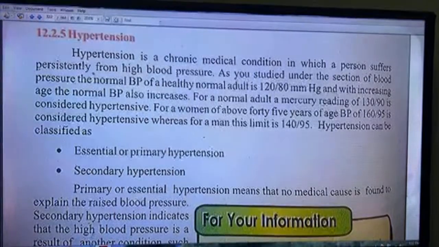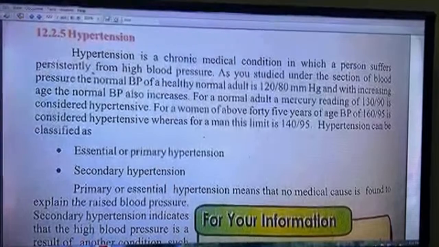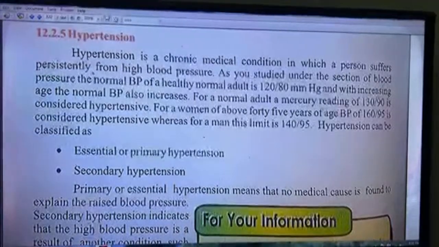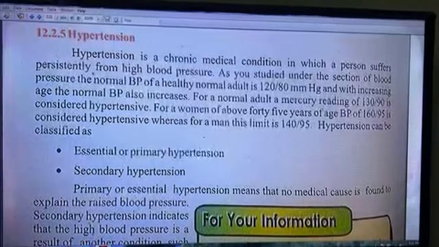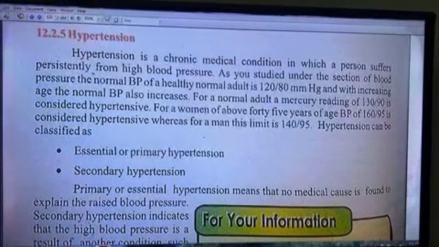For a normal adult, a mercury reading of 130/90 is considered hypertensive. For a woman above 45 years of age, BP 160/95 is considered hypertensive, whereas for a man, this limit is 140/95. Hypertension can be classified as essential or primary hypertension, and secondary hypertension.